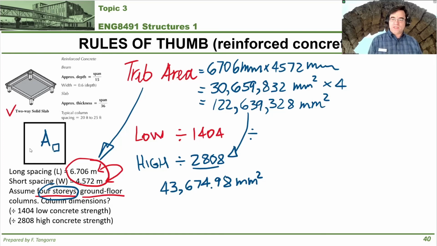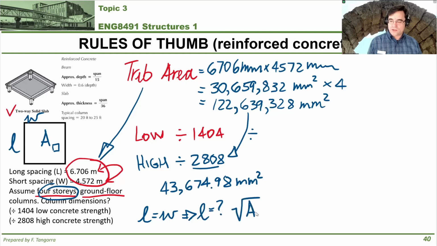Okay, so because this column has a length of L and a width of W, and L equals W, right? The way to figure out then what the length and therefore the width is to simply do the square root of that area.